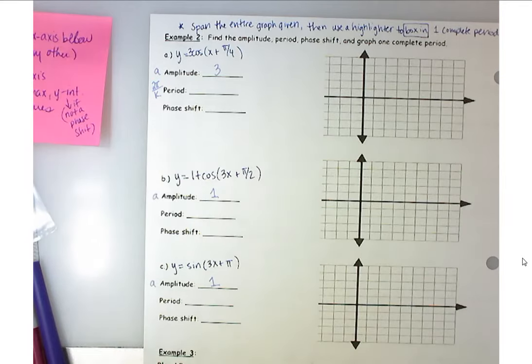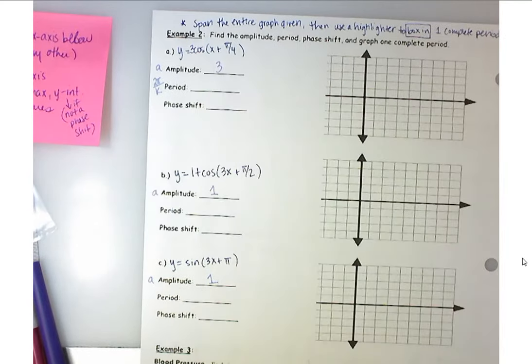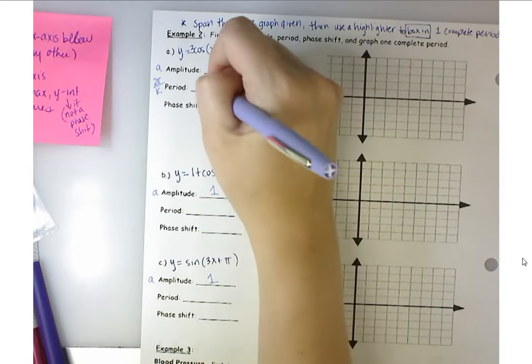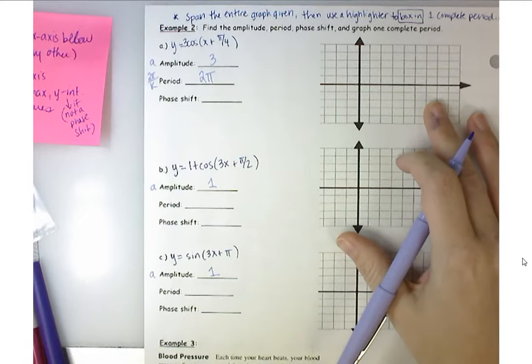In front of x. Okay, so what number's in front of x here? 1. So then your period is just going to be 2 pi.